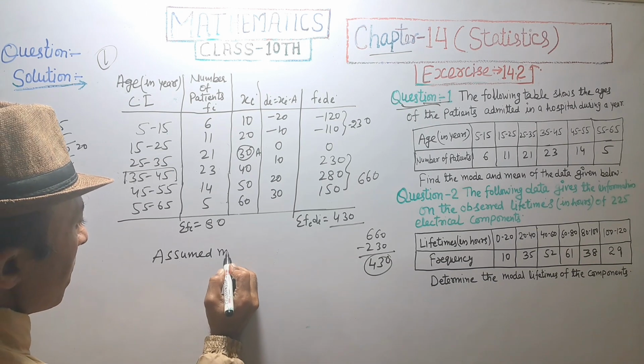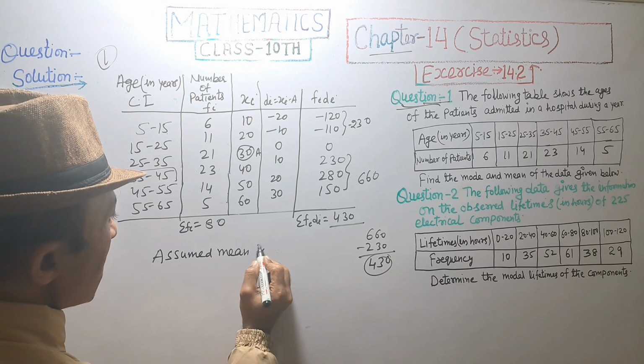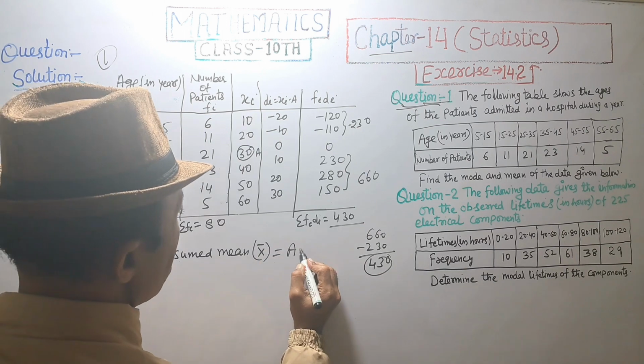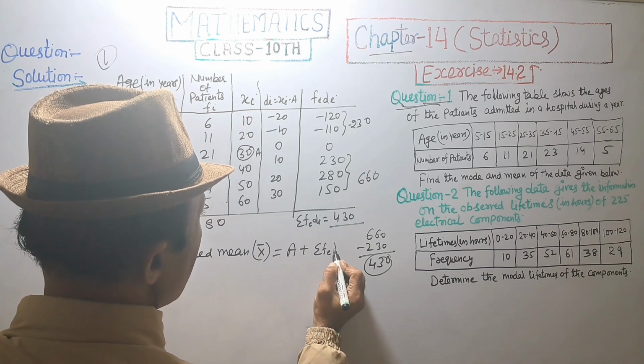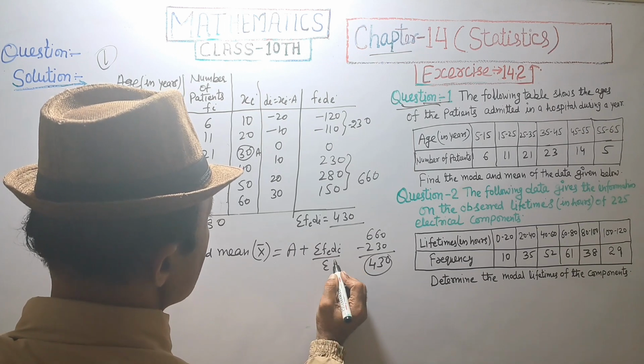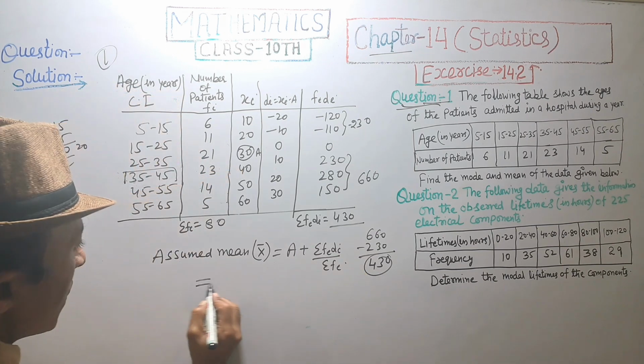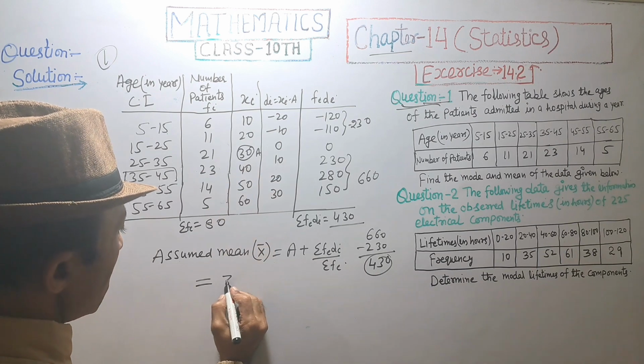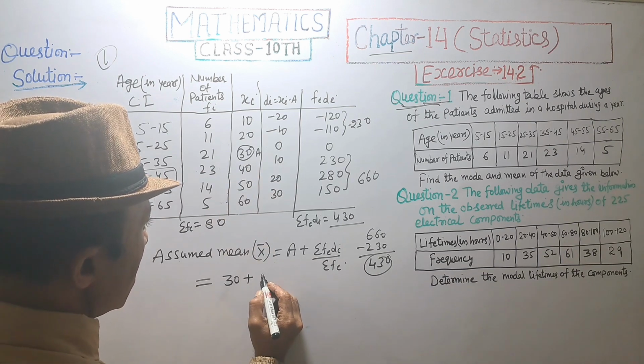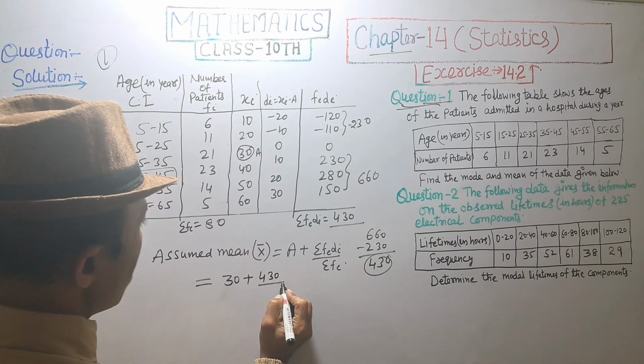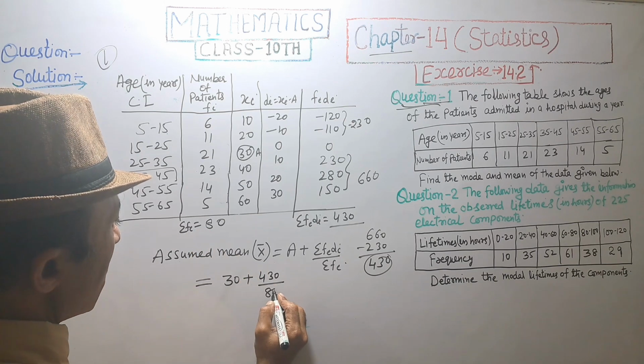Assumed mean x dash is equal to a plus summation fi di divided by summation fi, that is equal to a, which is 30, plus fi di, which is 430, divided by 80.